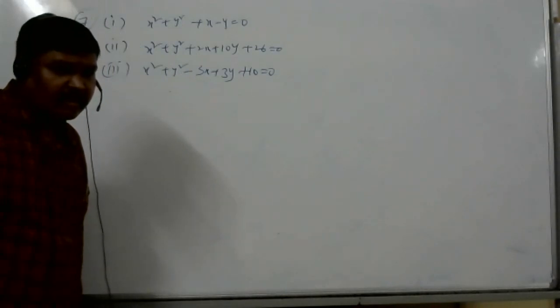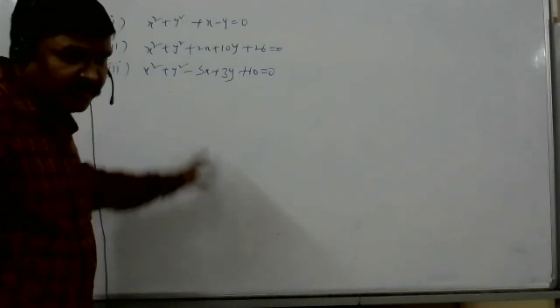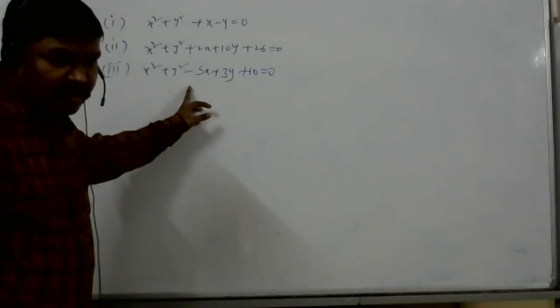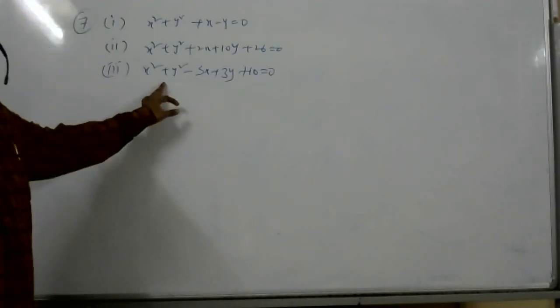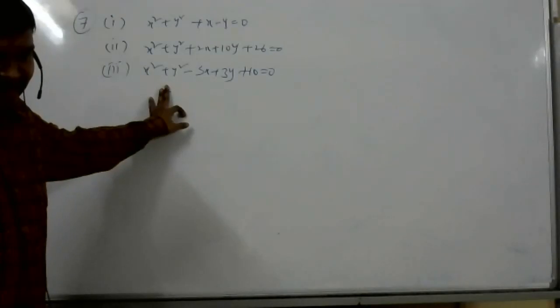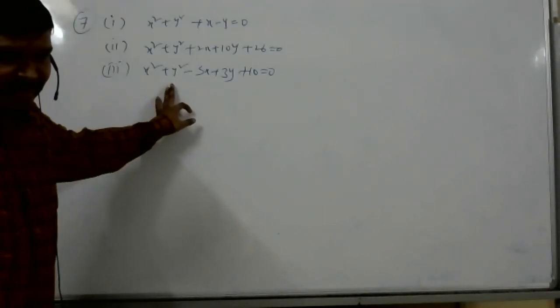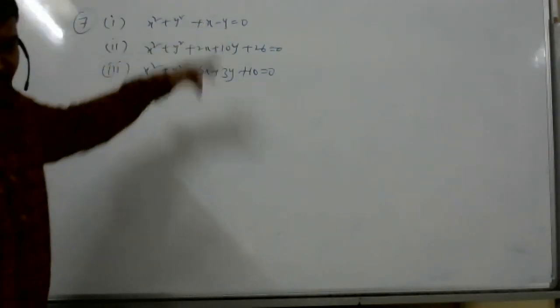Could you please revise how to get the radius from the equation? In general, what is the formula for the radius, and how to get the equation of a circle?